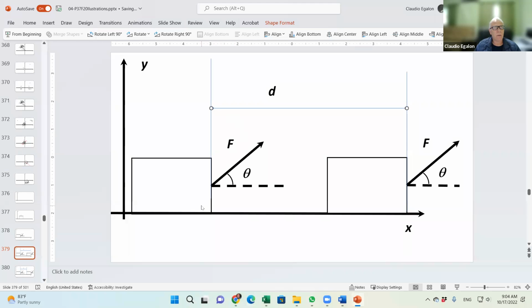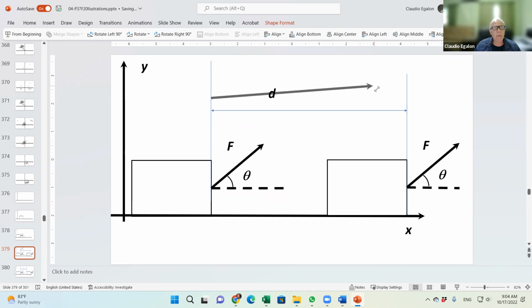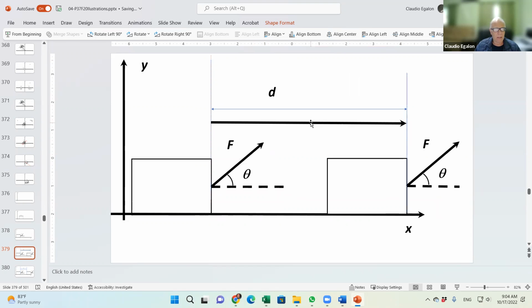So here you go. And I can even state that the object is displacing by an amount delta x, given by this vector that you see here.